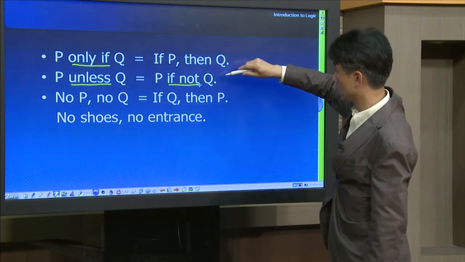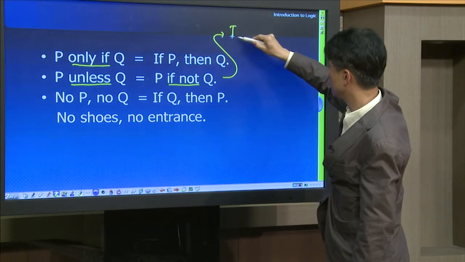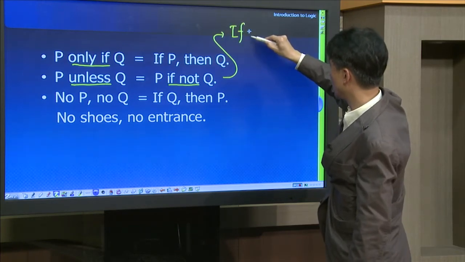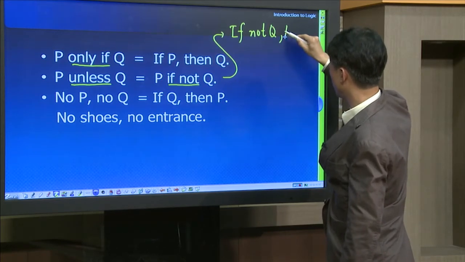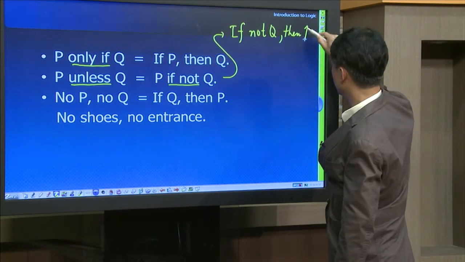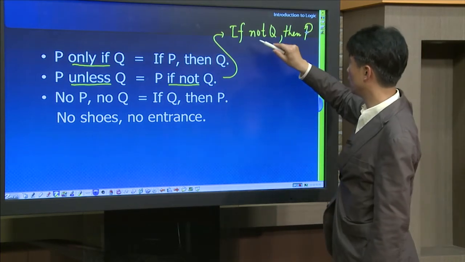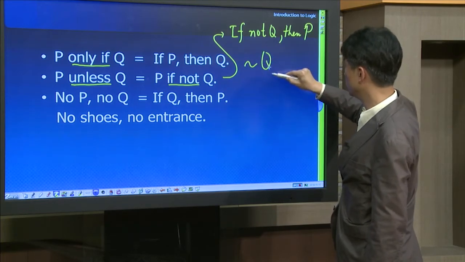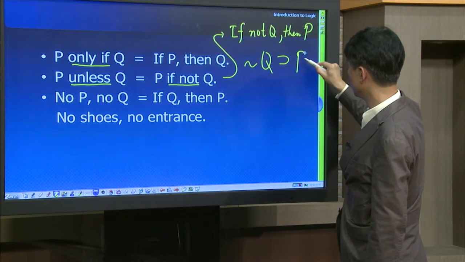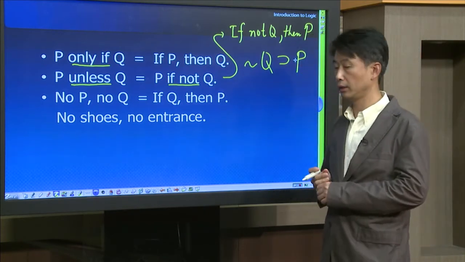This is saying the same thing as if not Q, then P. So you can symbolize this by saying not Q, then P. Okay? We will come back to this in chapter 12.